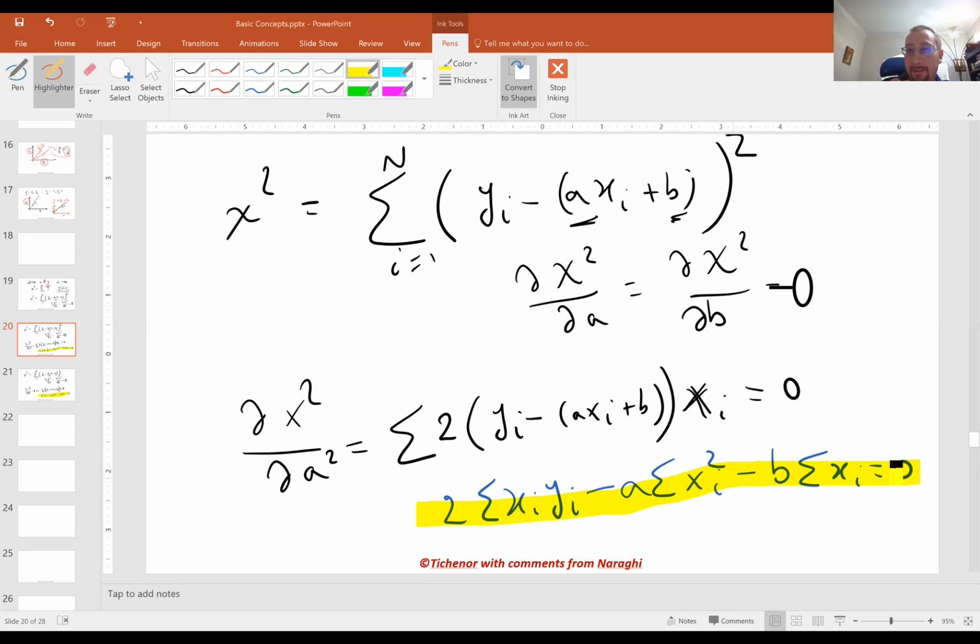Sxx is here, Sx is here, Sxy is here, and so on. Okay? So that very quickly allows us to calculate the best values for A and B such that this function, which we call the error function, is minimized.